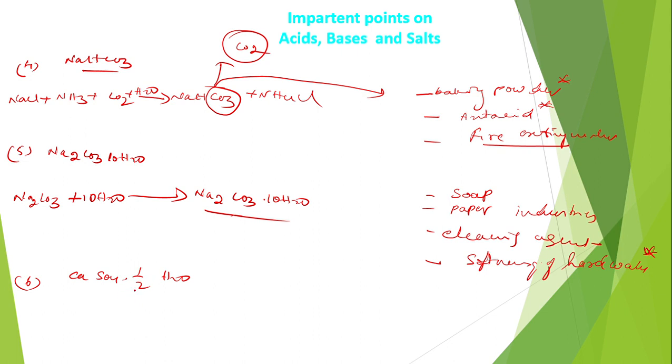It is manufactured by heating CaSO4·2H2O to give CaSO4·1/2 H2O plus 1 1/2 H2O going out.